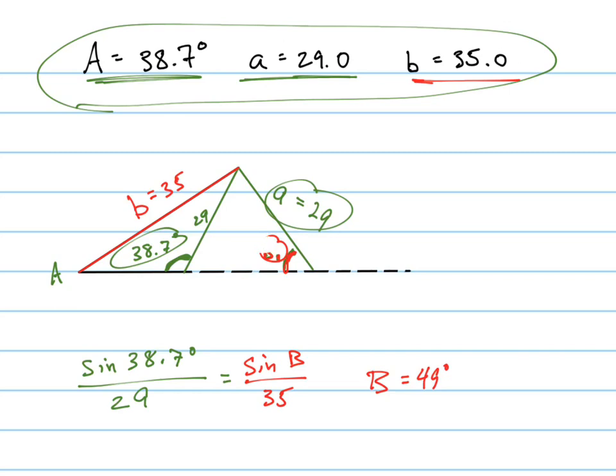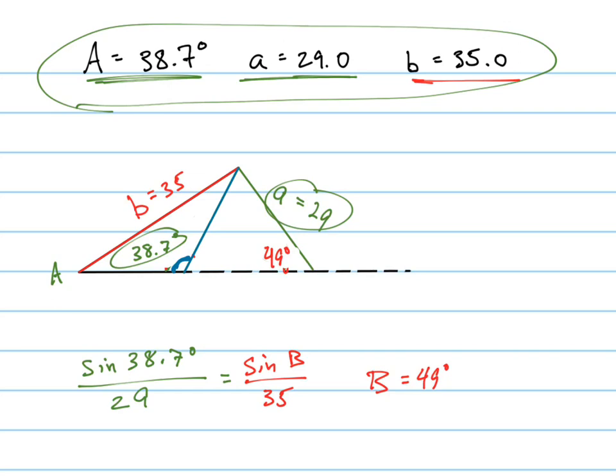So this number right here is actually 49 degrees. But remember, you could actually have had an angle over here as well. Let me make this blue. This line right here is the same line, and this blue angle, what's it going to be?